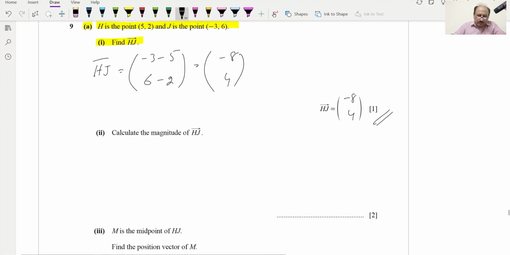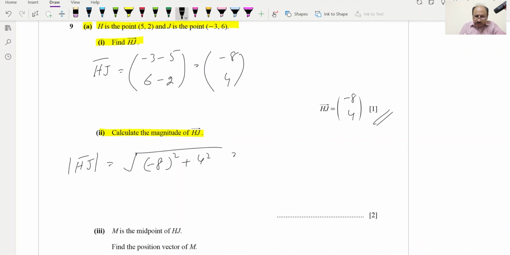Now calculate the magnitude. So we require the magnitude of this vector. For magnitude we will take the HJ vector and take its magnitude, and this will be what? This will be the x values squared, or directly we can take 8 squared plus 4 squared, basically we are taking the square of this.